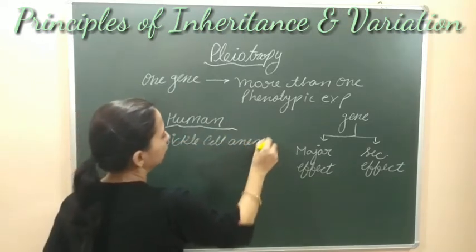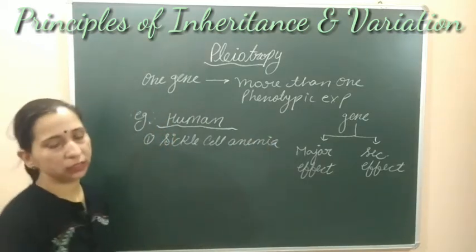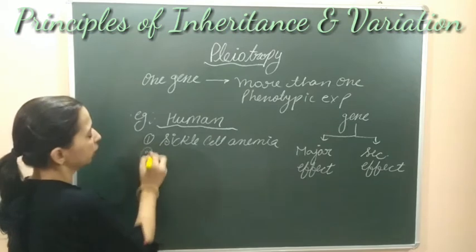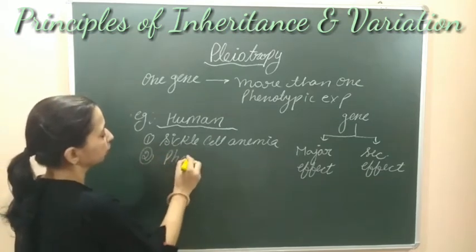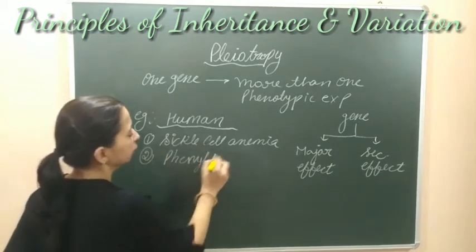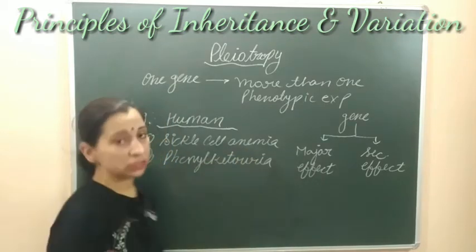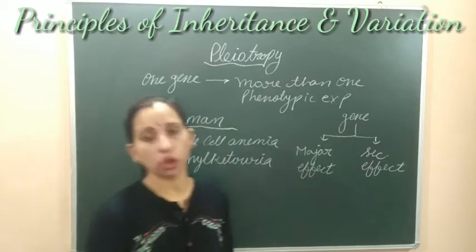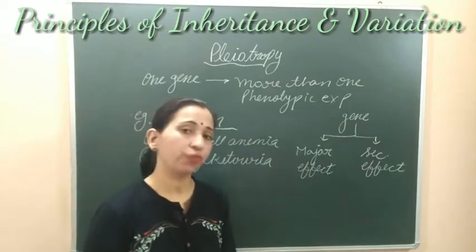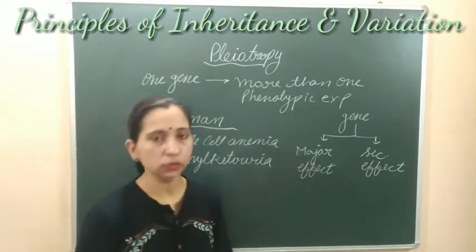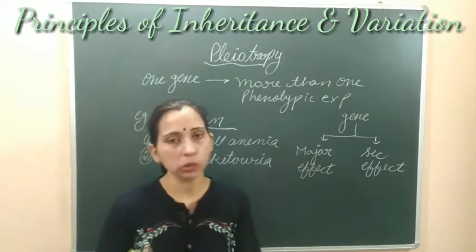Sickle cell anemia is a disease, and this disease is an example of pleiotropy. Another example which we can study is phenylketonuria. This is another disease which is also studied under this topic, pleiotropy. And cystic fibrosis is also another example. We will take these examples in detail so that we can easily understand what is pleiotropy.